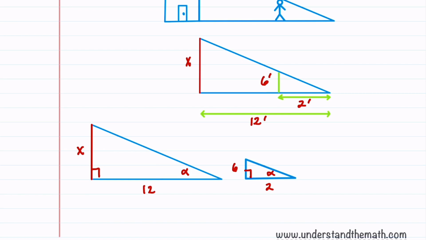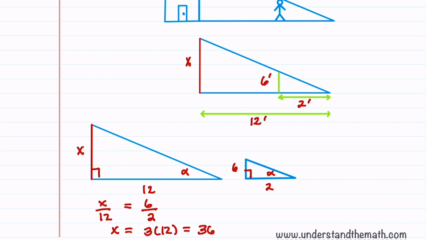So we can write the proportionality of the sides as x is to 12. The side on the left is to the side on the bottom. As when we look in our smaller triangle, the side on the left is 6 and the side on the bottom is 2. We can then multiply both sides of the equation by 12 and we'll get x is equal to 3 times 12, which is 36.